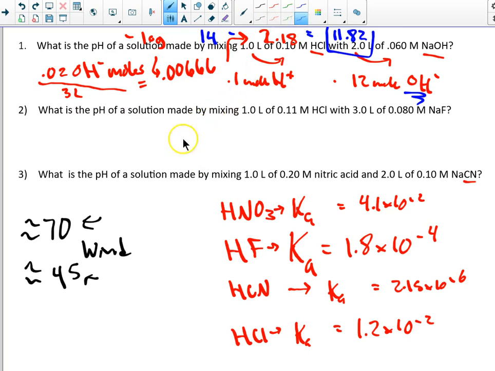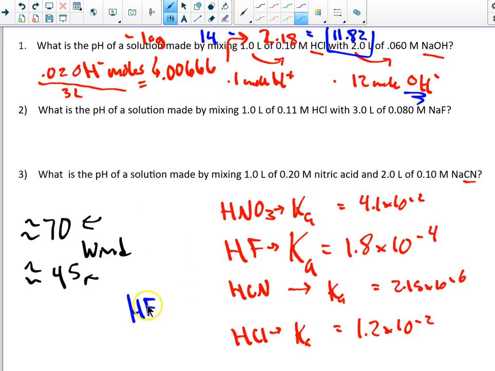So, to have a buffer, once again, just for the recording, you have to have a weak acid or base, and its conjugate base or acid. Now, the tricky part is sometimes I just give it to you. I tell you it's HF, and you're like, okay, HF is a weak acid, it's in my problem, that's good.